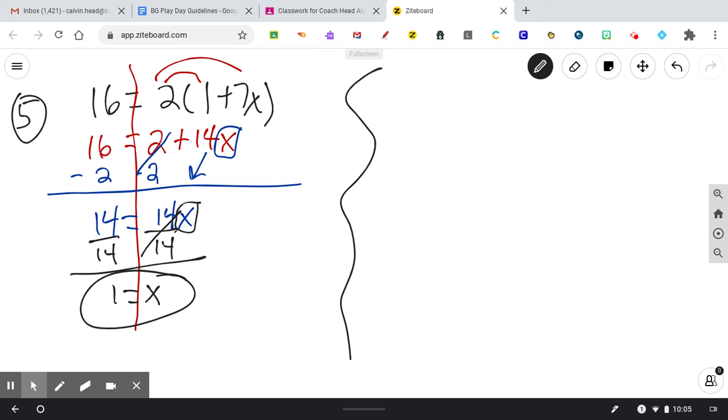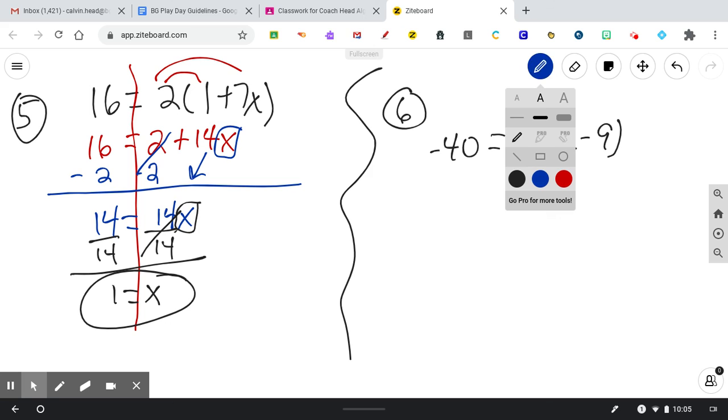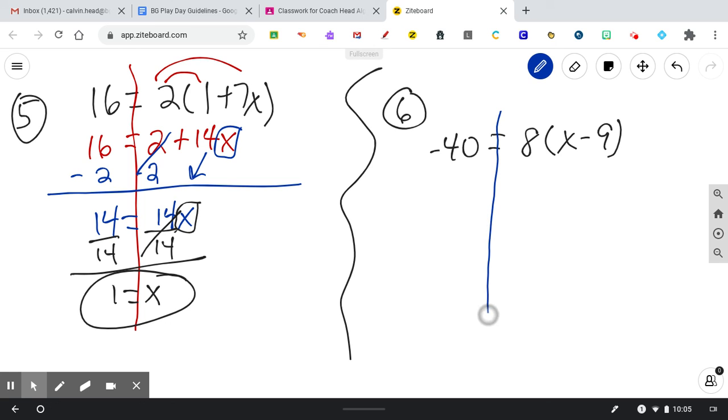And then my last example here, I have negative 40 equals 8 times the quantity x minus 9. Again, draw my line. I need to distribute. 8 times x is 8x. 8 times negative 9 is negative 72.